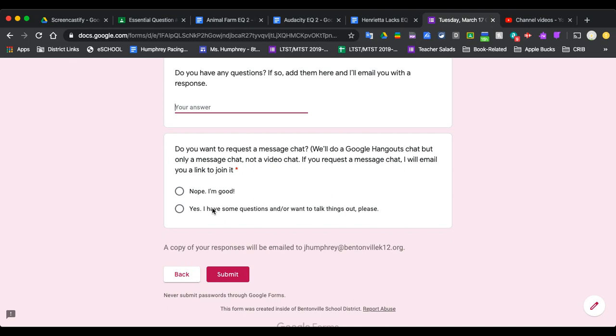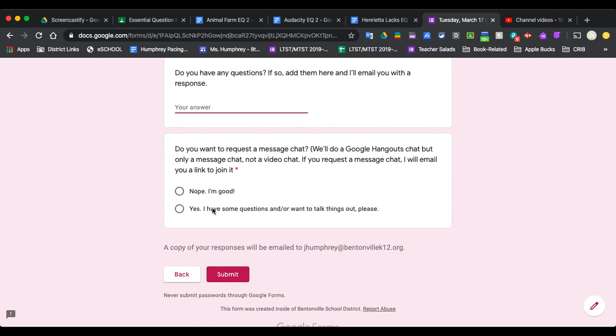Google Hangouts is just a chat space where you can type your answers. If you would like that, just let me know, and I'll set up a message chat for us in Google Hangouts and send you the link to join. You don't need to worry about a whole class chat, because that sounds like utter chaos. We'll just do individual chatting back and forth.